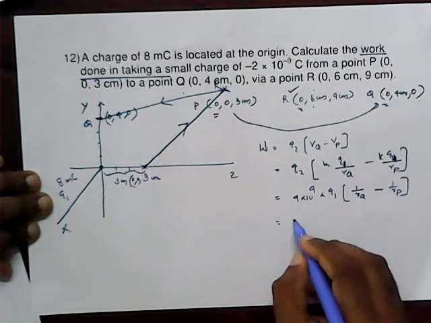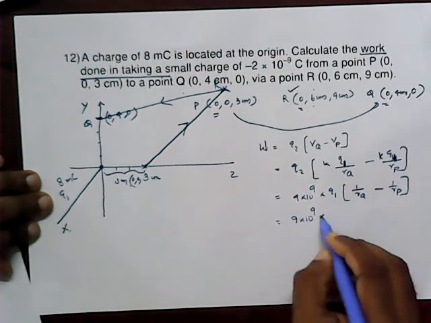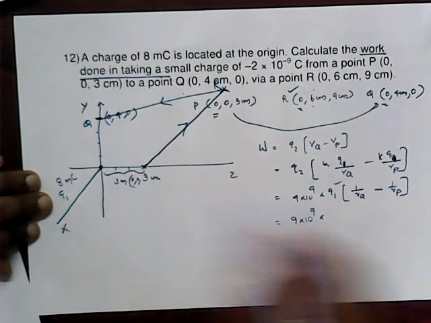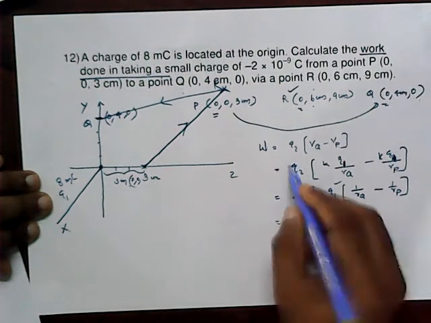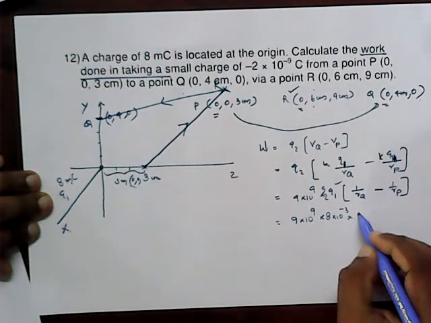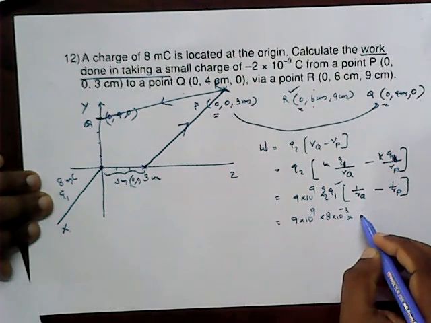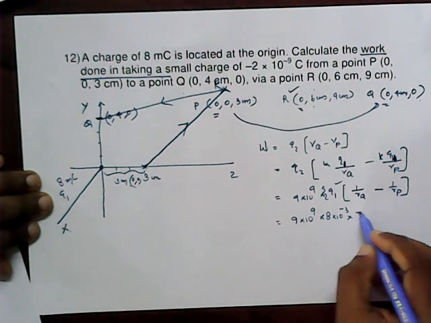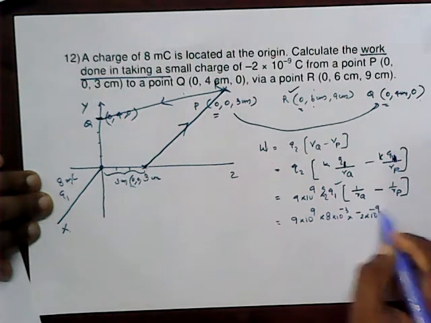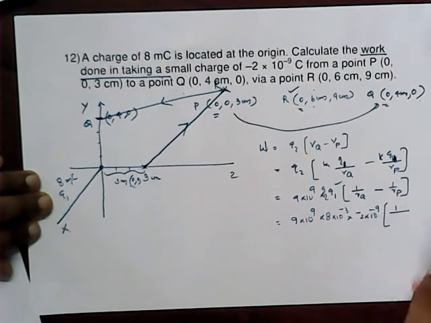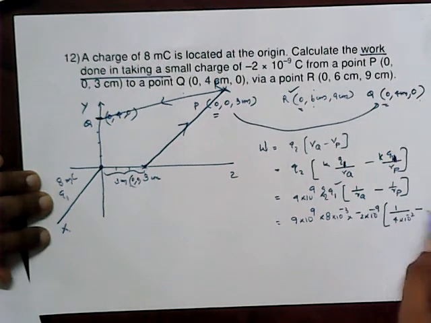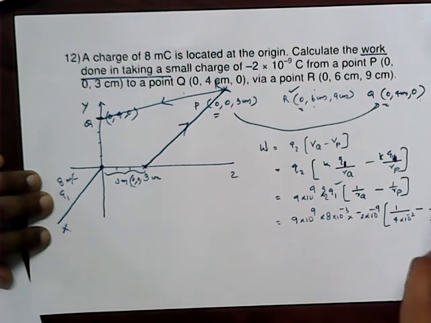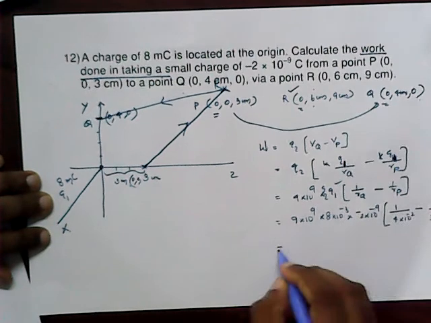So equal to 9 into 10 raised to 9 into the responsible charge 8 into 10 raised to minus 3, and Q2, the charge we move, is minus 2 into 10 raised to minus 9, that much into (1 by RQ, RQ is 0.04 or 4 into 10 raised to minus 2, minus 1 by 3 into 10 raised to minus 2).